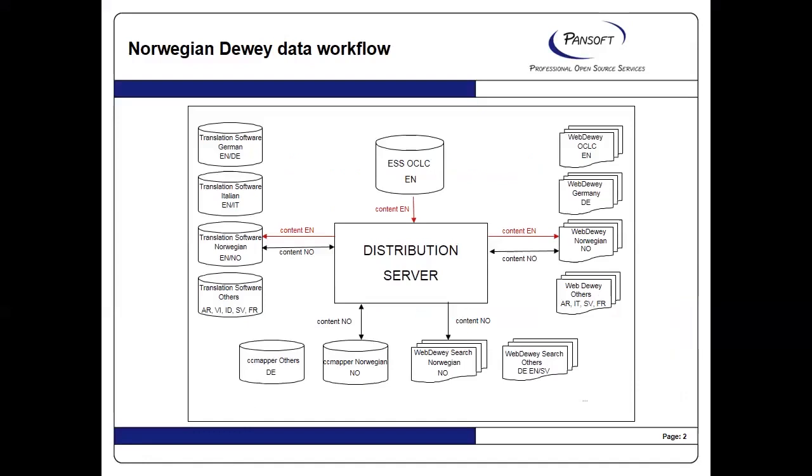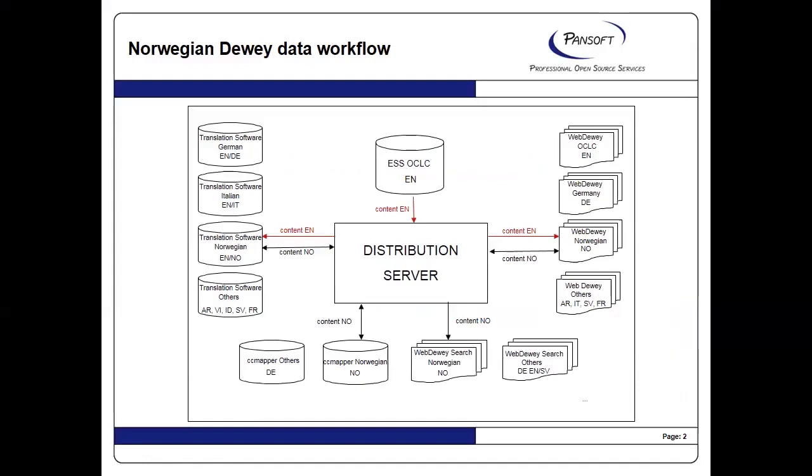From the ESS OCLC software, the English content goes to the software which we call the distribution server. The idea of the distribution server is it collects all the data from everywhere and provides it to all the other software. So first, the English content goes from the OCLC ESS system to the distribution server.